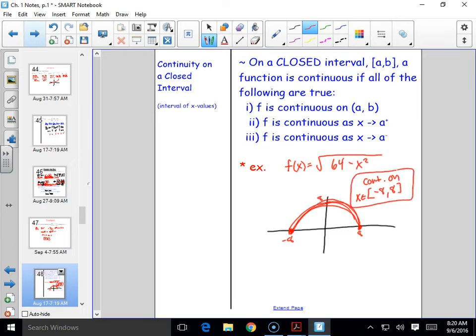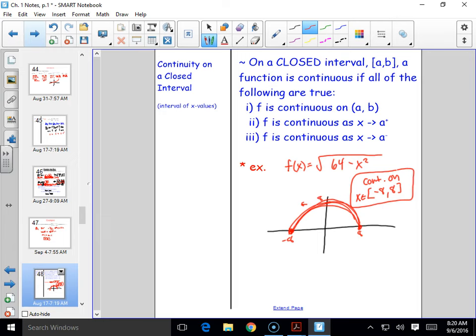I can make that statement because of this little theorem, I suppose, as to what it means to be continuous on a closed interval. And a few of you might be like, that doesn't make sense because you can't come from the other side of -8, and that's okay. If -8 is the beginning of an interval, I'm only worried about approaching from the right. I don't have to worry about the left.